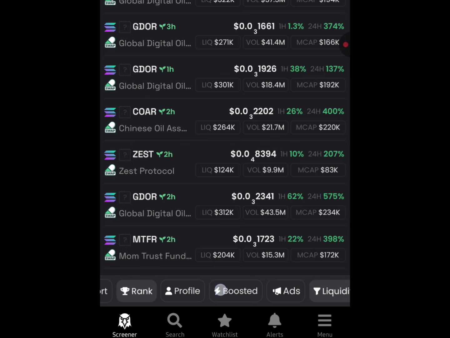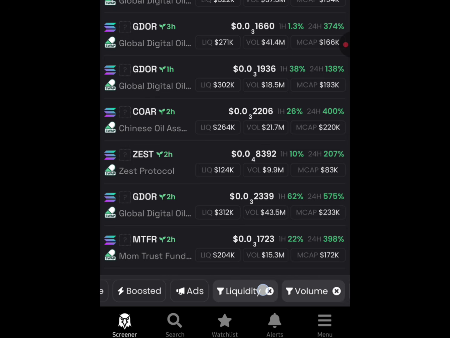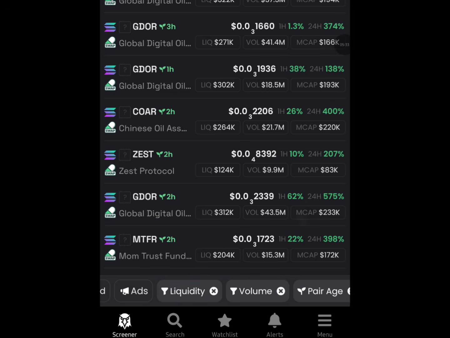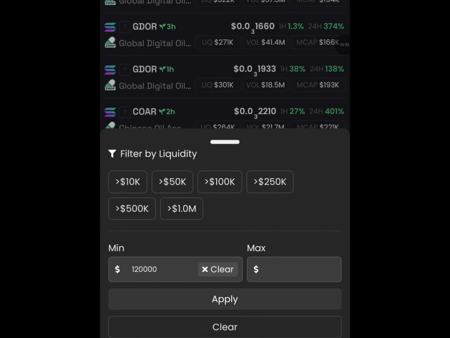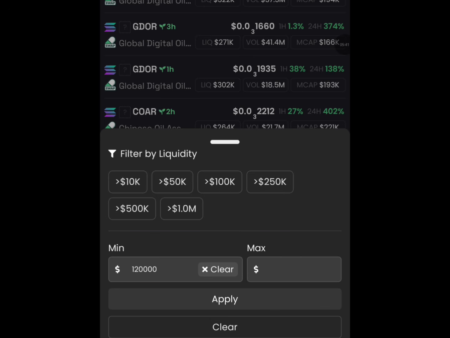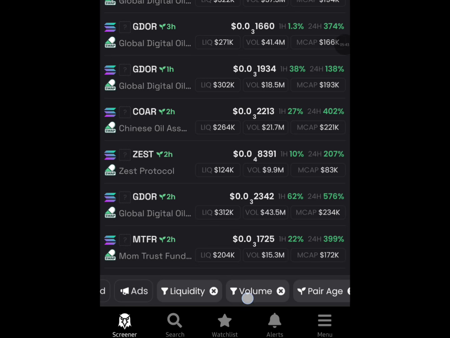Then you scroll, leave every other one and focus on liquidity. The liquidity here is the one we are using, about 120,000 minimum. That's the one.